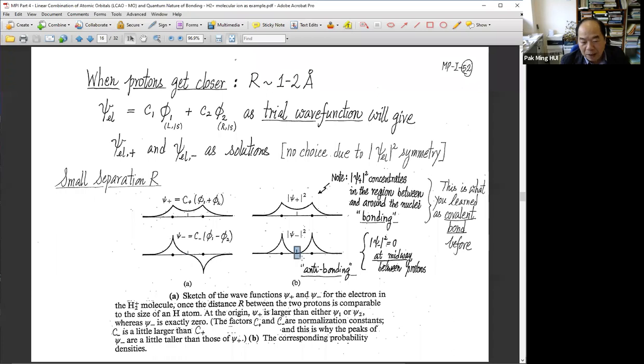There's no probability of finding the electron at the midpoint for the minus combination, while for the plus combination, there's an enhanced probability of finding the electron around the middle between the two nuclei. At this point, for those who have taken some chemistry courses, you already sense that this is a covalent character.